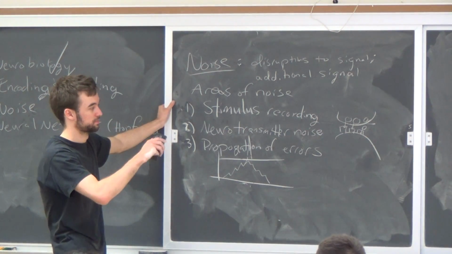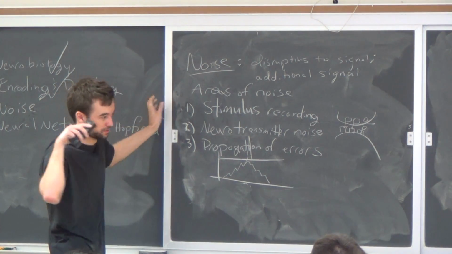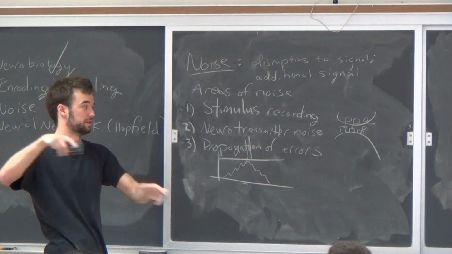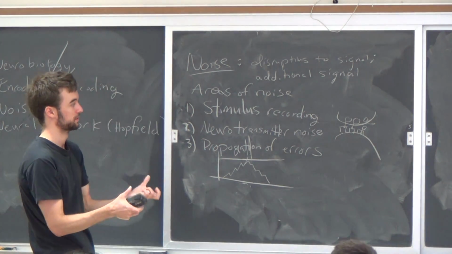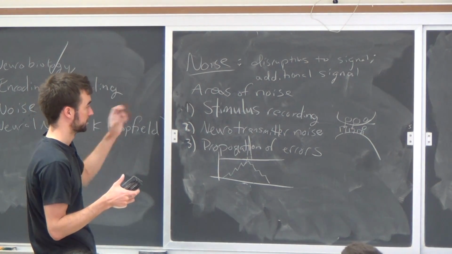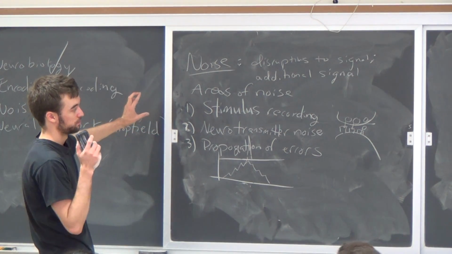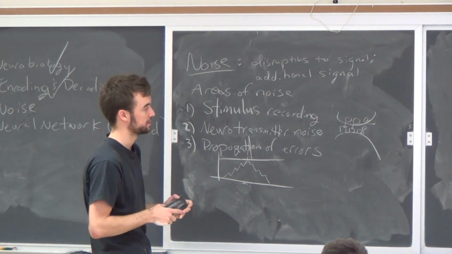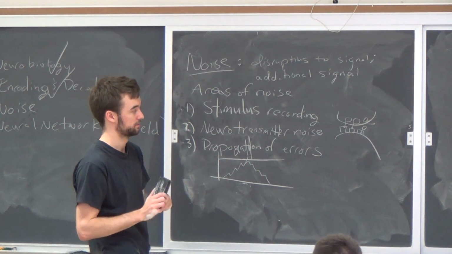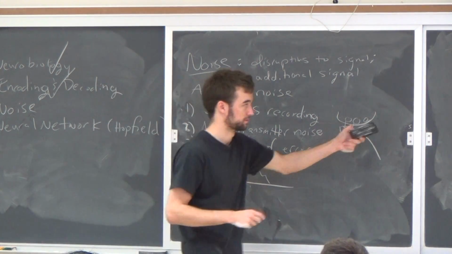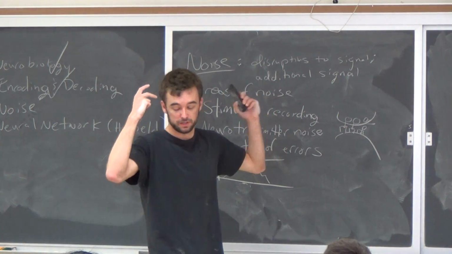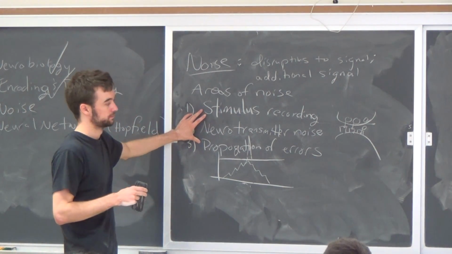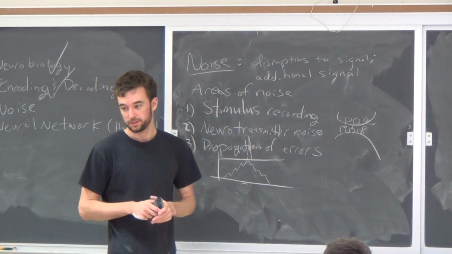I'm not saying the brain was designed, evolution shaped it, but you could imagine shaping it to have less noise. Even so, people are coming to the idea that maybe the brain has a lot of noise on purpose, partly because of stochastic resonance, boosting the information.